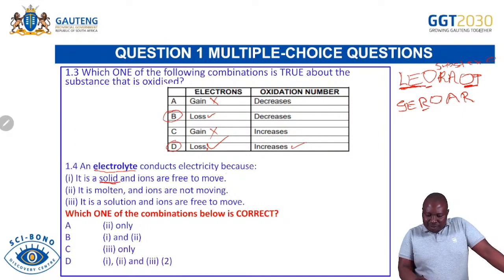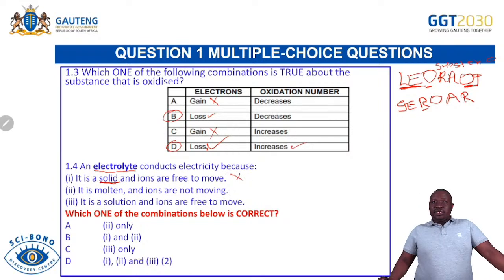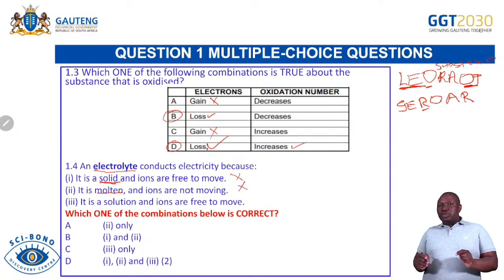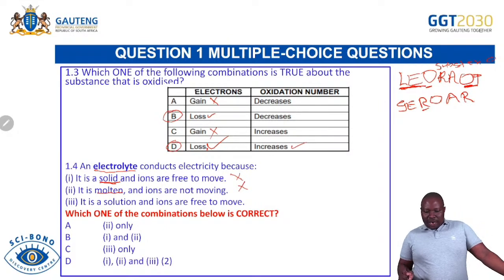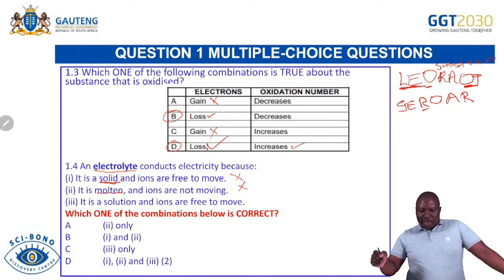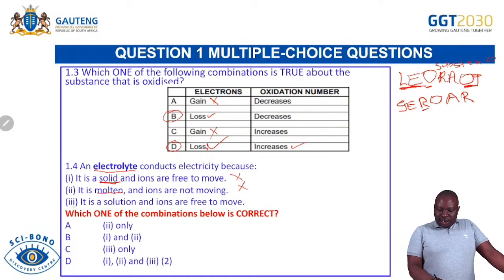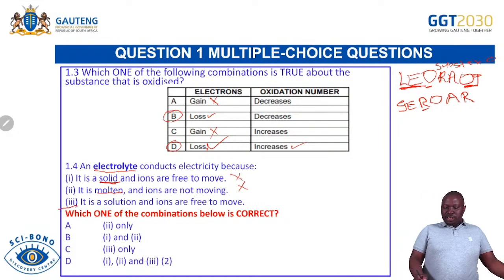That will be a definite no. Is it molten? No. Remember, if we know the definition of an electrolyte, an electrolyte is a solution that conducts electricity through the movement of ions, which is option Roman numeral 3 there, which in these answers will be C.